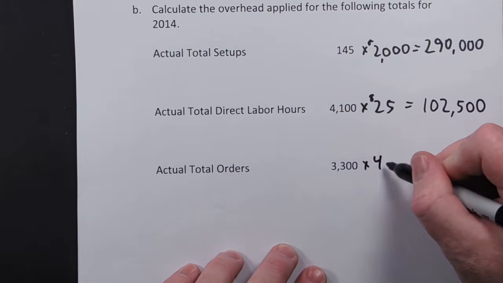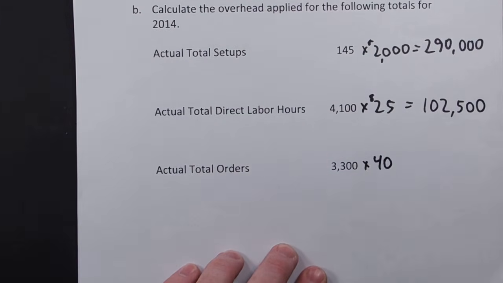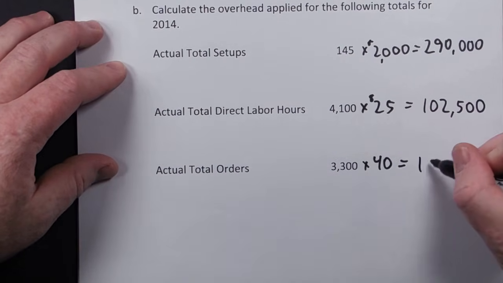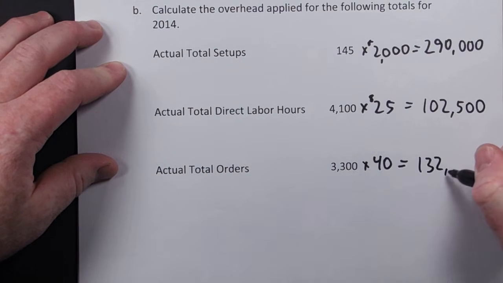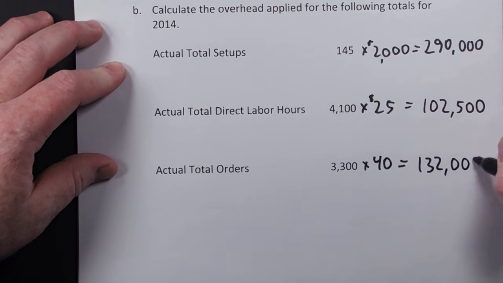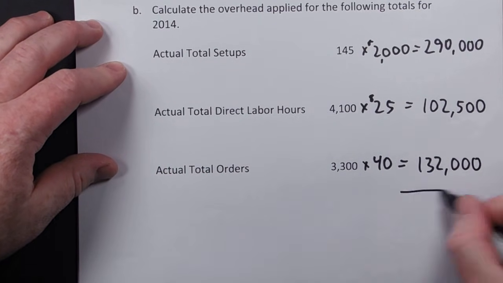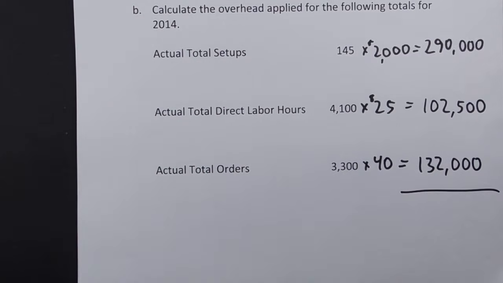And same thing for the orders. $3,300 times $40 per order, so $132,000. And if we add all three of those up, this will be our total overhead applied.